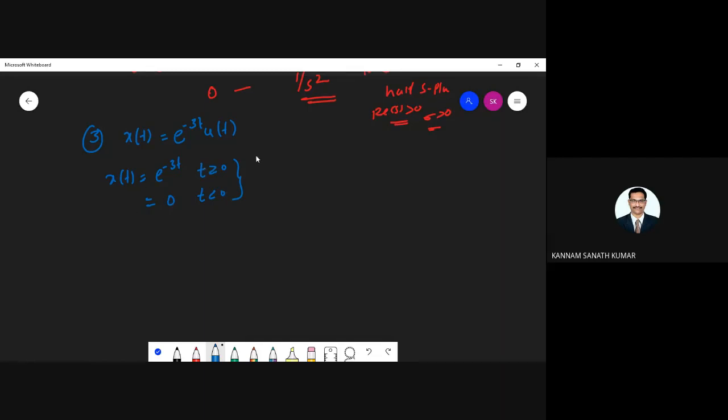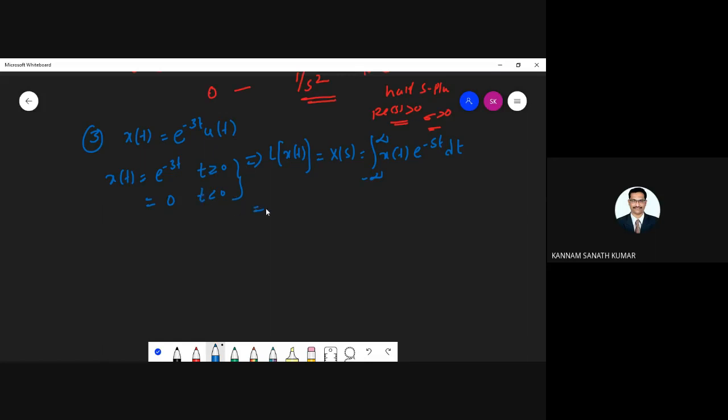Now you have to apply the Laplace transform. So Laplace transform of x of t equal to what? X of s is the integration from minus infinity to infinity of x of t into e power minus st dt.